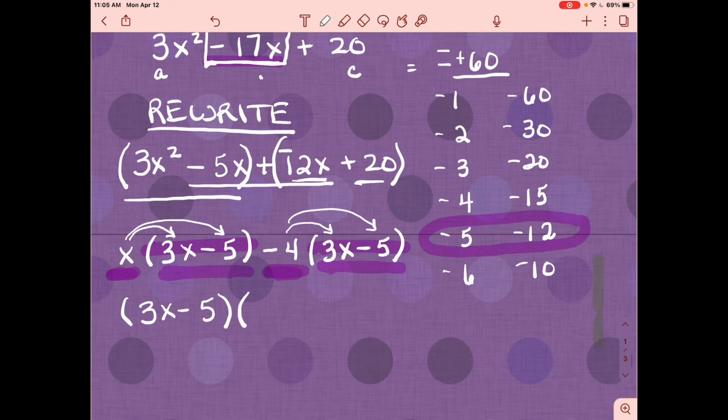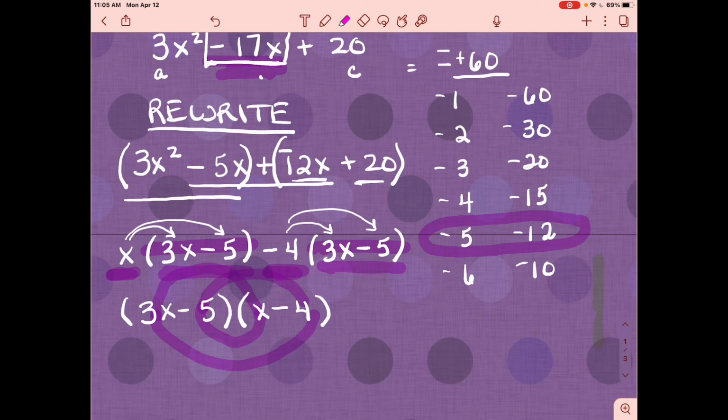That becomes times, because we factored out the 3x minus 5, x minus 4. And I can use FOIL and check that so that I can see if I did it right. 3x squared minus 12x minus 5x, that would make negative 17x, and negative 5 times negative 4 is positive 20.